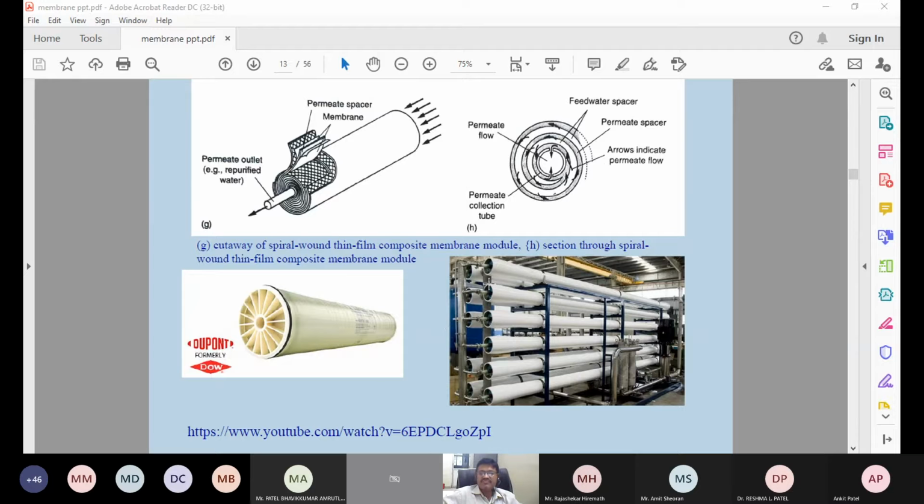So the large filter will have so many of these modules in series, and they help in filtering the water. There is another stream, the concentrated stream, that will be removed.